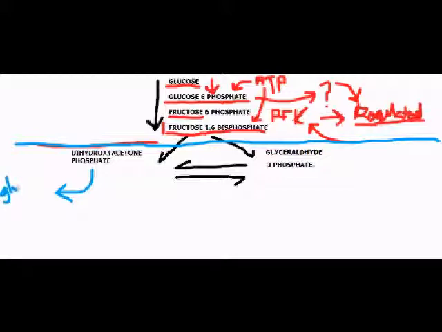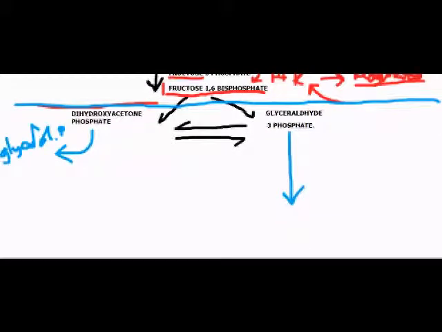Dihydroxyacetone phosphate can go on to form glycerol, which is an important part of cellular metabolism in the formation of triglycerides. It will form glycerol phosphate, then lose the phosphate and be able to form glycerol, where it can travel freely around the blood.